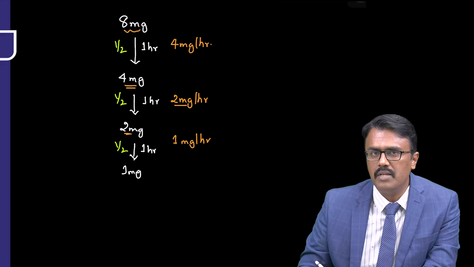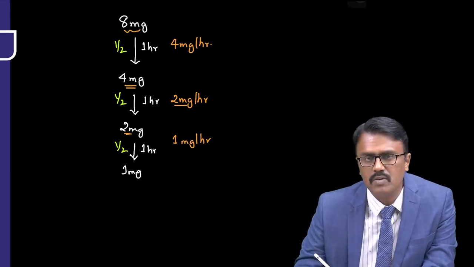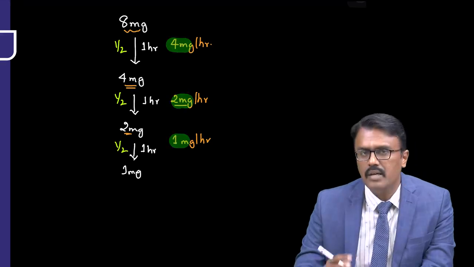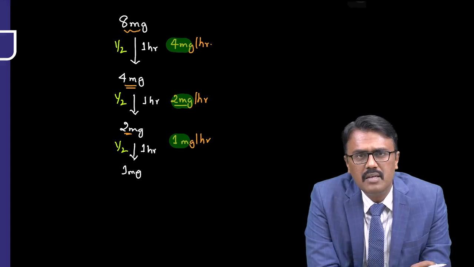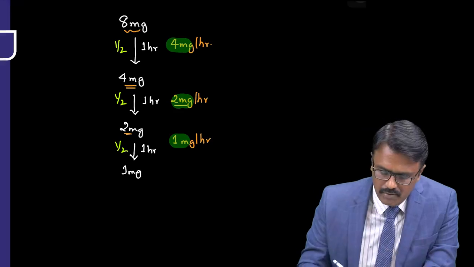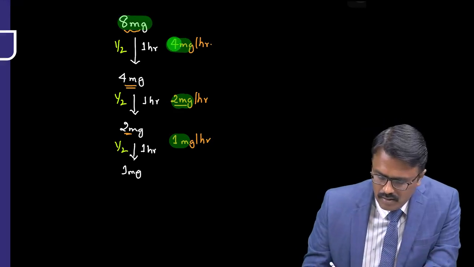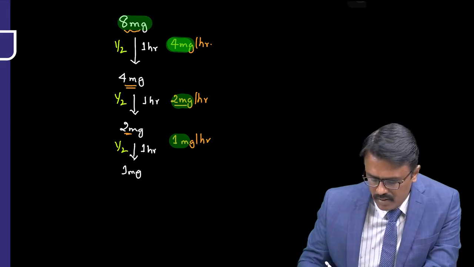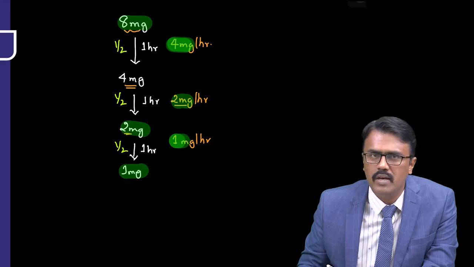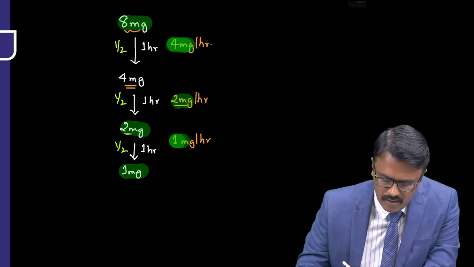So this is the elimination rate. So every hour, how much is going out? It is 4, this is 2, and this is 1. The question here is, is the elimination rate same? No. Elimination rate is variable. How variable? If the drug concentration is more, the elimination rate is also more. If the drug concentration is low, the elimination rate is also low. So it is variable.